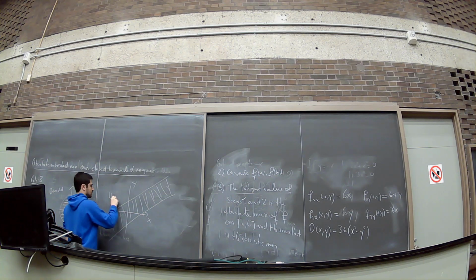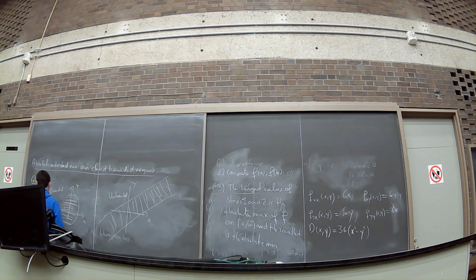Let's draw one more. Bounded or unbounded, the one inside? Bounded, right? Is that intuitive for you? If I give you a region, can you tell me if it's bounded or not?